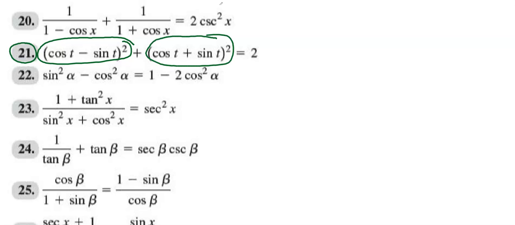There's definitely going to be a bunch of FOIL. So FOIL the first part, FOIL the second part. Let's see what happens. There's bound to be some stuff that disappears, right? We know that it equals 2, so there's a whole lot of stuff that's going to be canceling out here. So FOIL the first one, FOIL the second one, see if we agree.